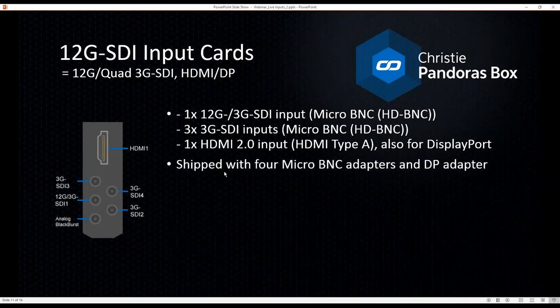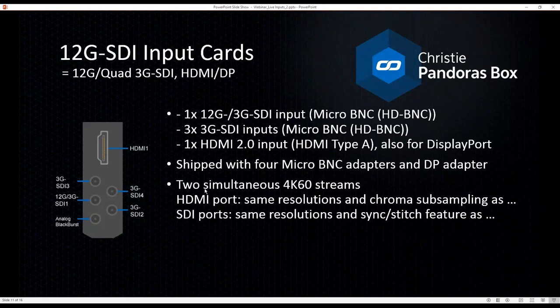The card itself is shipped with a couple of adapters. We have included 4 micro BNC adapters and a DisplayPort adapter. But again, as I've mentioned, the DVI conversion is also possible. Again, we have 2 simultaneous 4K 60 streams available with this card. The first stream can be input through the HDMI port up here, and here all the information applies as for the HDMI card, so the same resolutions and the same information about the chroma subsampling.